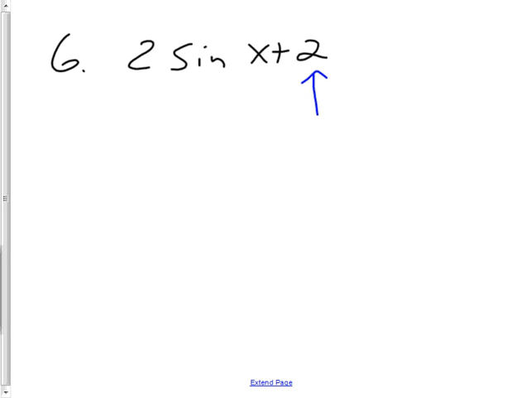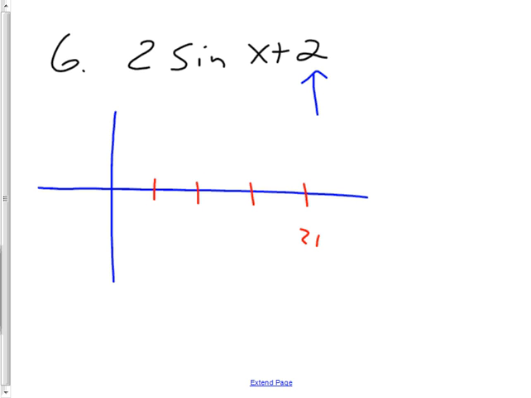You know what I'm talking about? All right. So let's graph sine, parent one. Parent one always has 4 important spots. Doink, doink, doink. 2 pi, pi, pi over 2, and 3 pi over 2. Sine kind of looks like this. It starts at 0, goes up, back down, back up again. And then I have to do this multiply by 2 part.